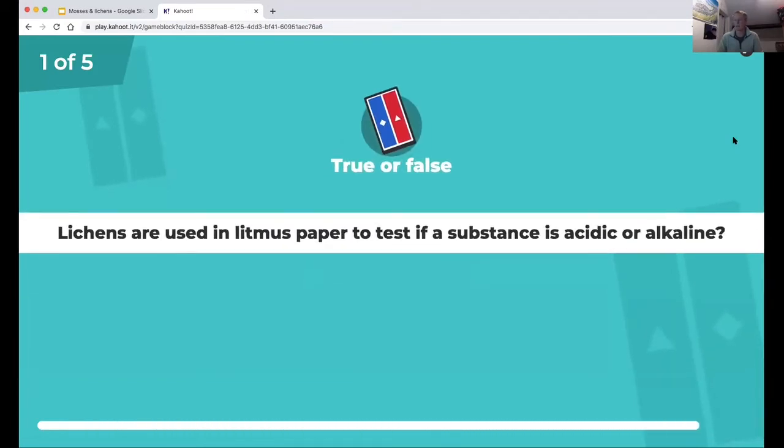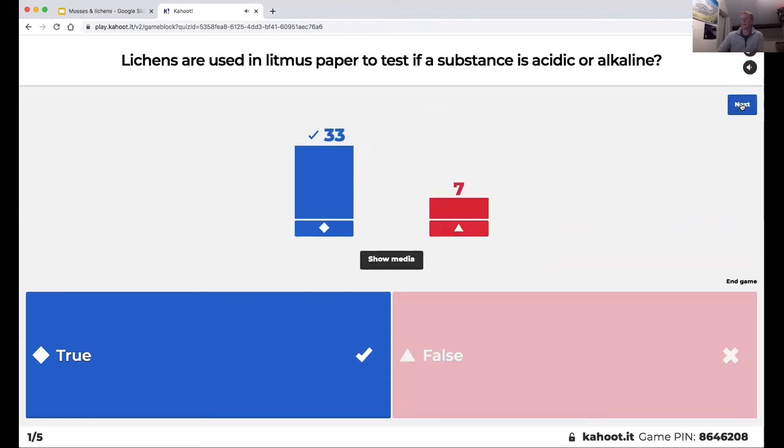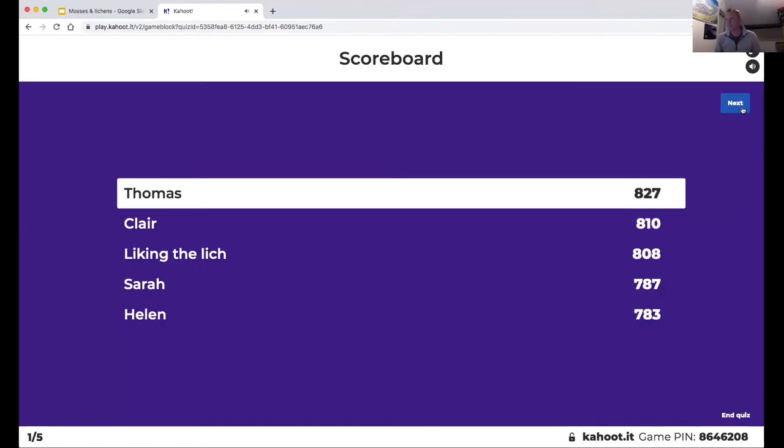Lichens are used in litmus paper to test if a substance is acidic or alkaline. And it is true. There's a specific lichen which is used as an indicator there. Well done, Thomas.